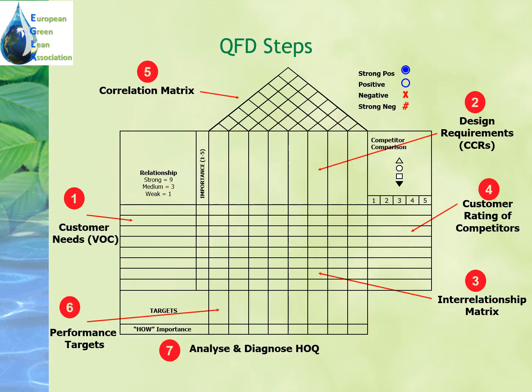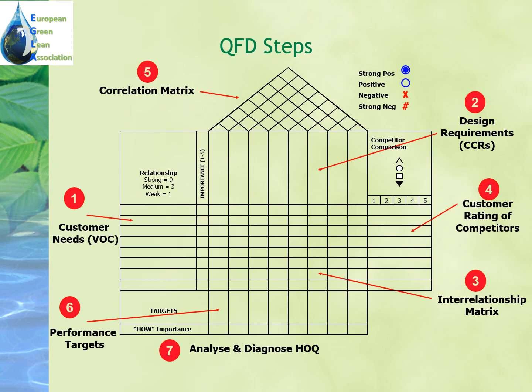This is how the actual house of quality looks, or the QFD template. Like said, we start there from the left, from the customer needs, based on the voice of the customer exercise. We'll go through all these steps in detail later. Then we will go to design requirements, also called critical customer requirements, CCRs.